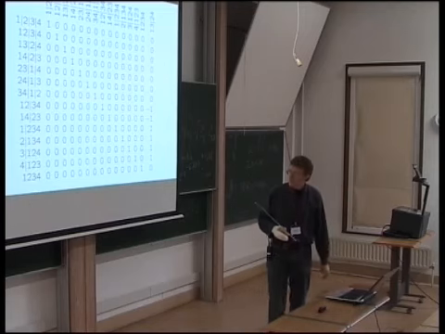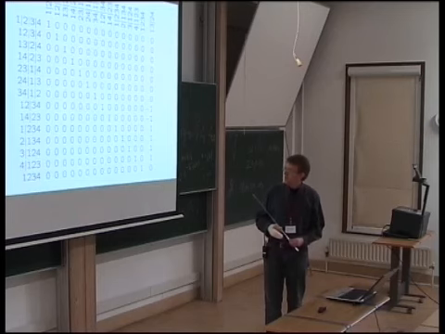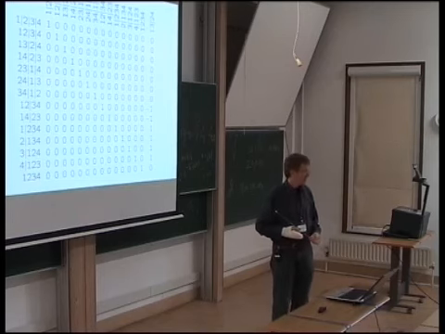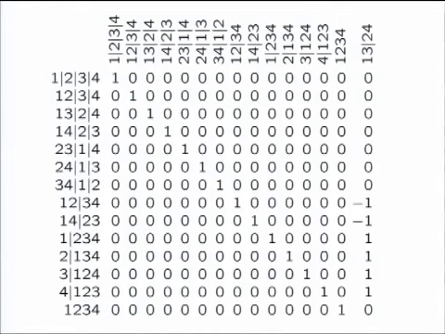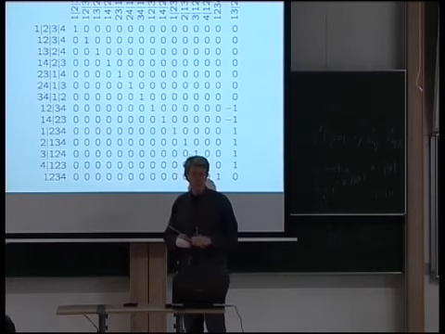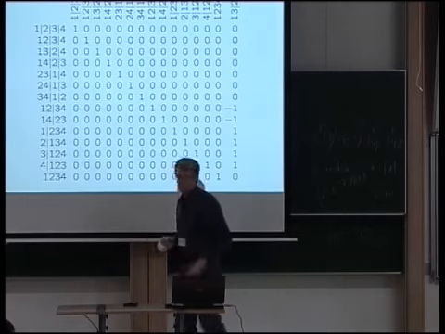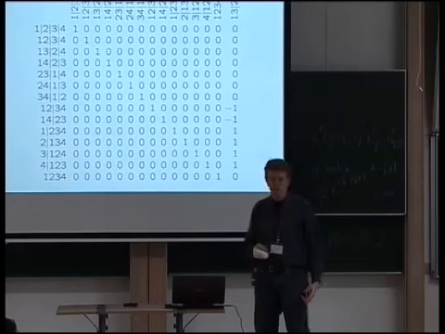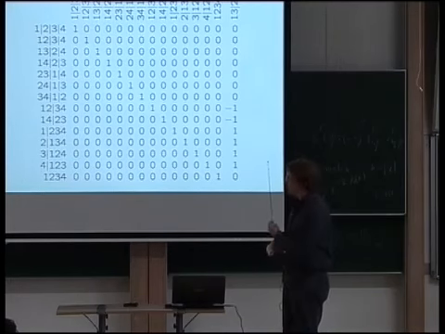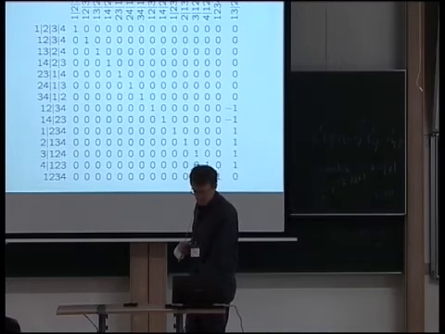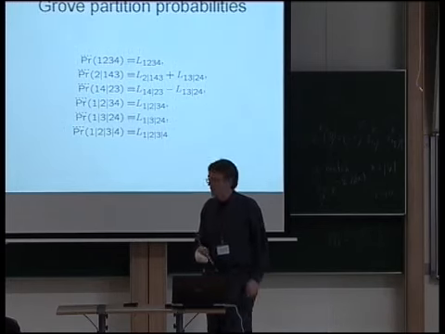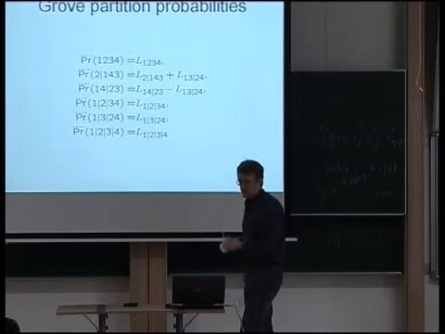Okay, so we can write down a matrix which tells us how to write these grove partition probabilities. The rows of the matrix are indexed by the non-crossing partitions, and the columns are indexed by all partitions. This matrix just summarizes these formulas.